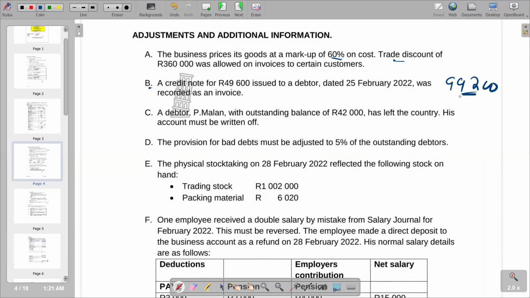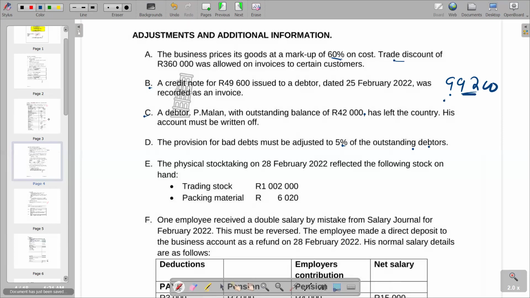Also, if you go to information C, we are given that a debtor has left the country, his account must be written off. So this is a bad debt that we have, and we are supposed to subtract again 42,000 from the debtors control figure that we are having, and the one that we are supposed to provision for bad debts is going to be the outstanding debtors balance, and then we multiply by 5%. So we can start from there.